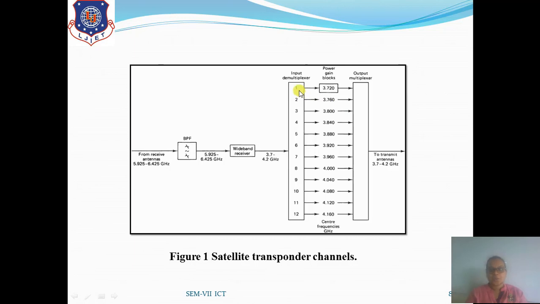Now as you can see in figure 1 and figure 2, figure 1 has the center frequency 3.720, and the input demultiplexer second channel has the frequency 3.760. If we arrange these two channels together, there will obviously be adjacent channel interference between them, right?